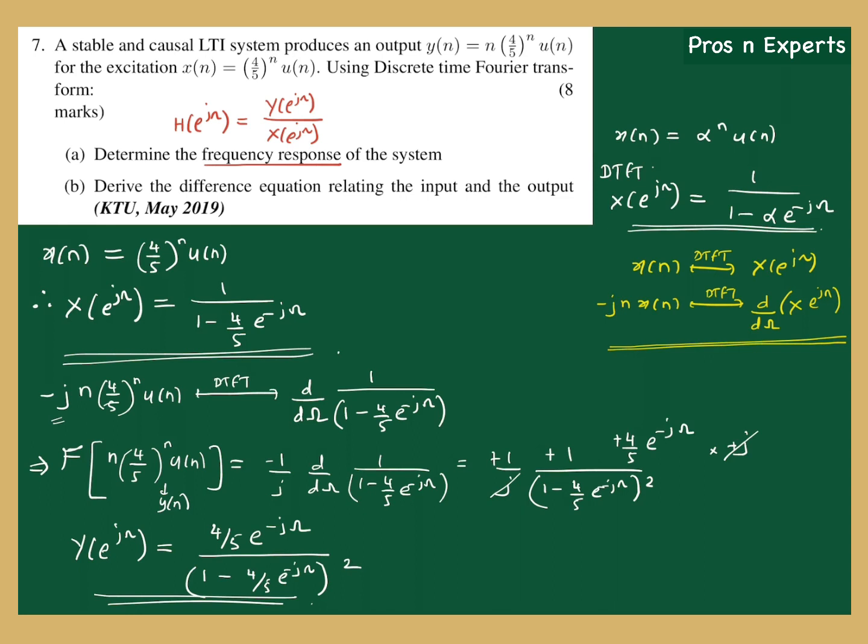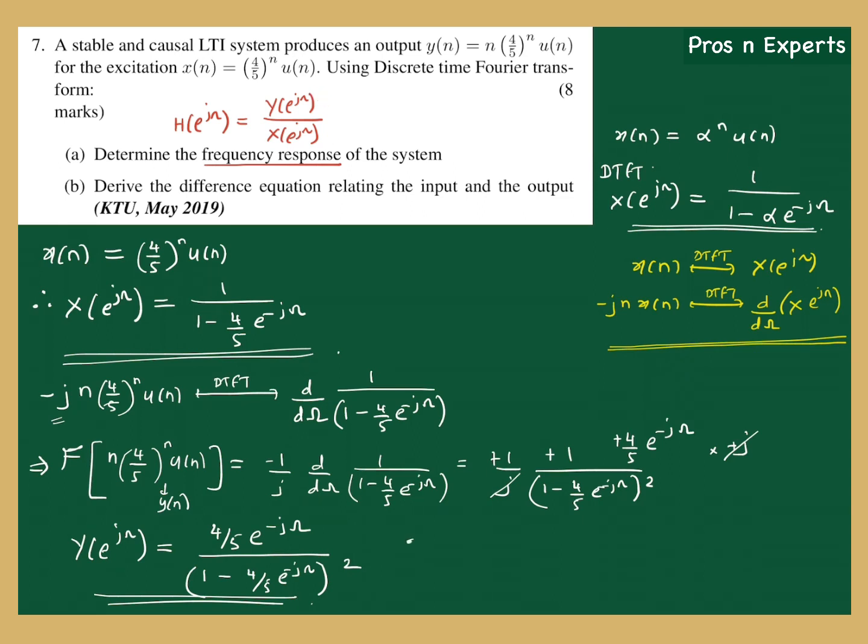So very beautifully we have obtained X of e raised to j omega and Y of e raised to j omega. Question A can be easily answered, as H of e raised to j omega is the ratio of Y of e raised to j omega and X of e raised to j omega.